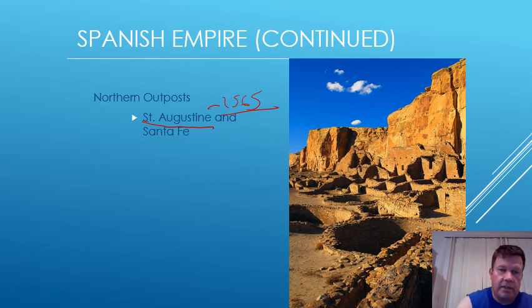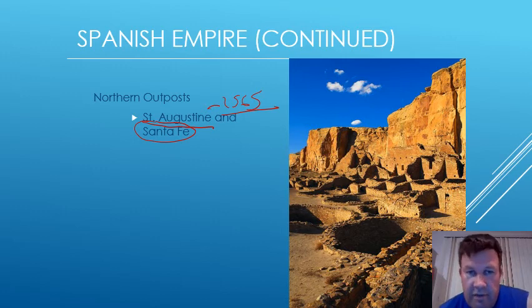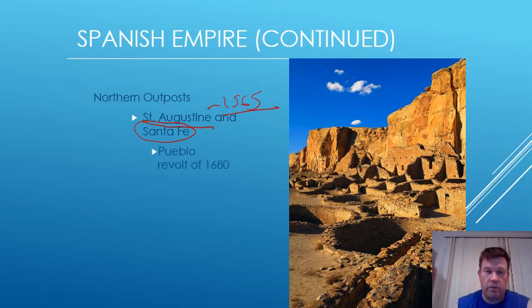Santa Fe, New Mexico is also a significant one, and events in Santa Fe and regions around there lead to one of the more significant events in the history of the Spanish in the American Southwest, which is the Pueblo Revolt of 1680. Okay, so why is this an important event?